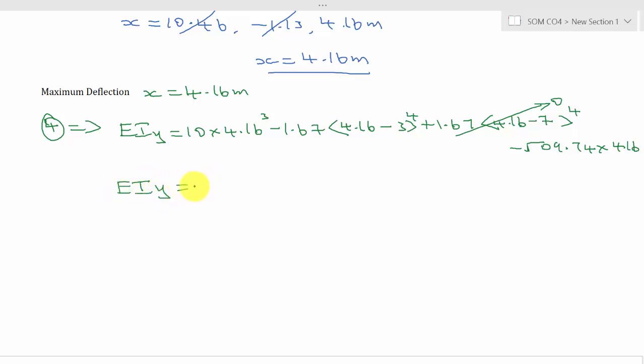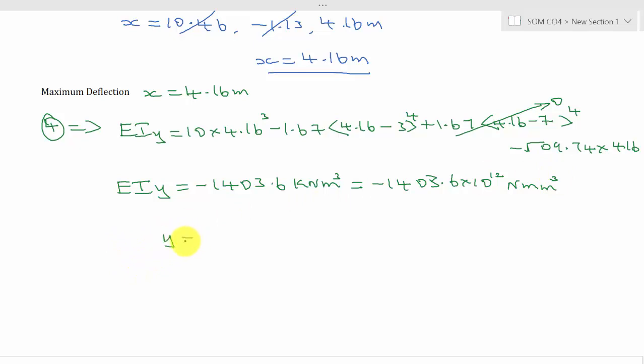So the calculated EIY value will be 1403.6 kilonewton meter cube. As we saw earlier, we have to convert this into Newton mm cube. So I am going to multiply 10 power 12 with this, because the E value and I value are given in Newton and meter.